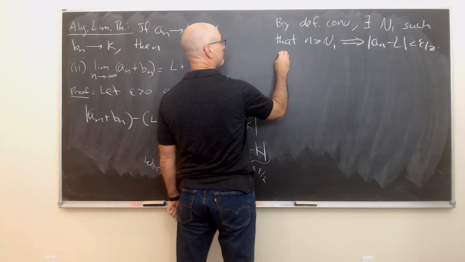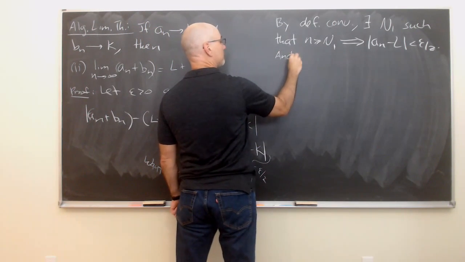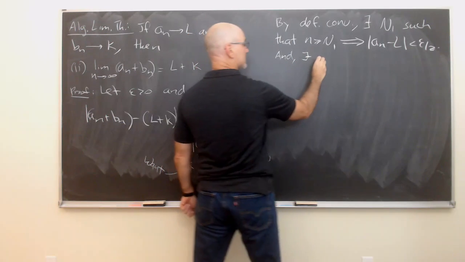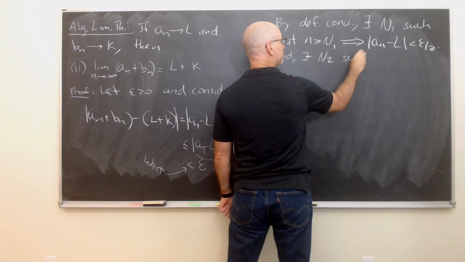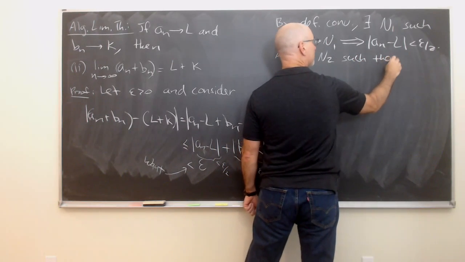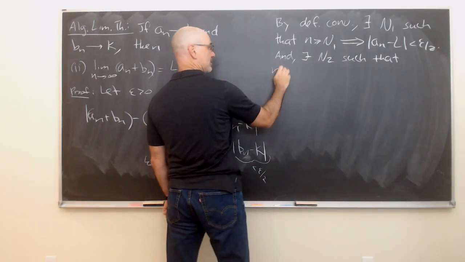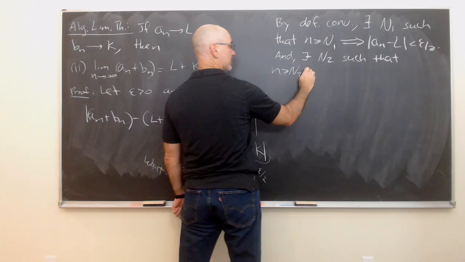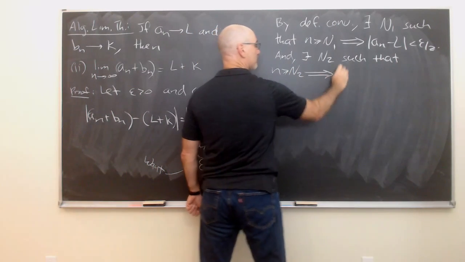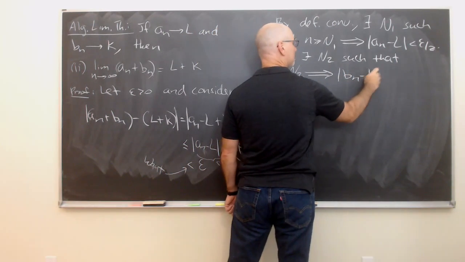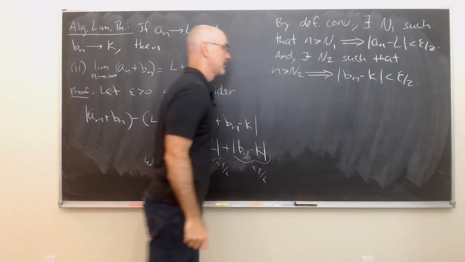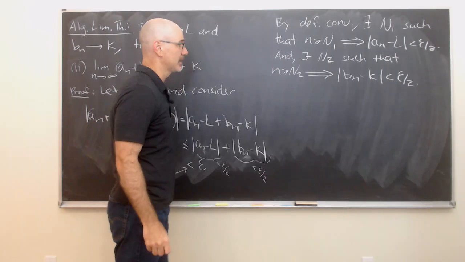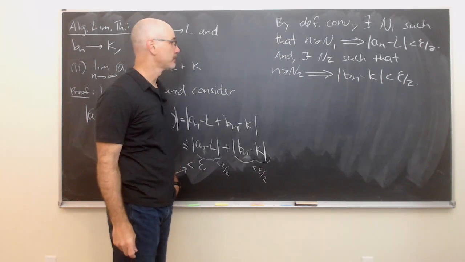and there exists some other capital N, N2, such that if I go out that far in the b sequence, the difference between b_n and its limit is less than epsilon over 2.